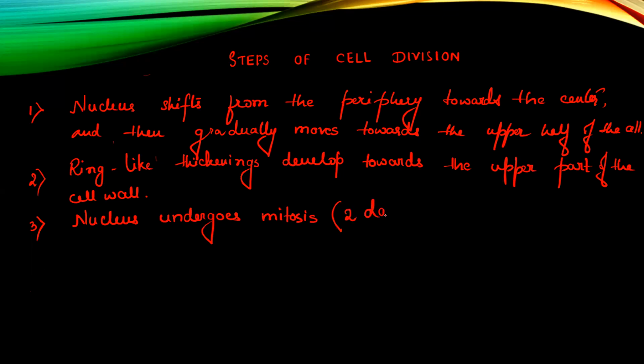Two daughter nuclei are formed. Okay. Now, at the end of the cell division, a row of microtubules develops and accumulates as a layer between the daughter nuclei. Okay.